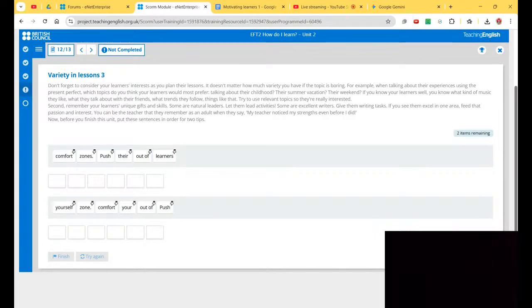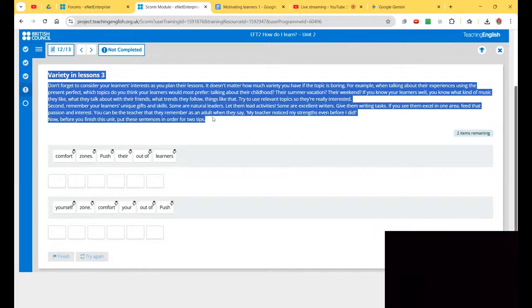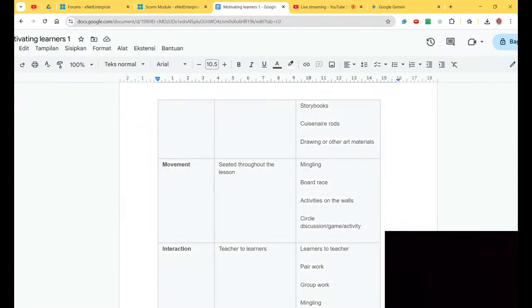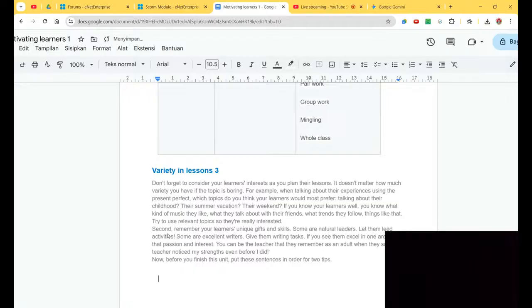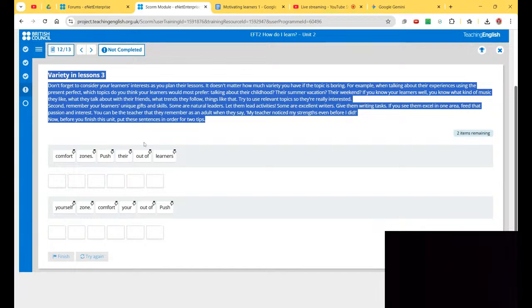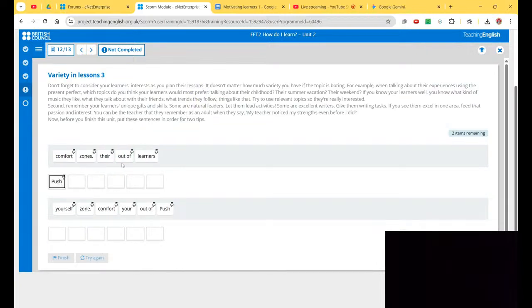Wow, this is perfect. It's not only for variety in lessons. This is a life skill. Push learners out of their comfort zones.